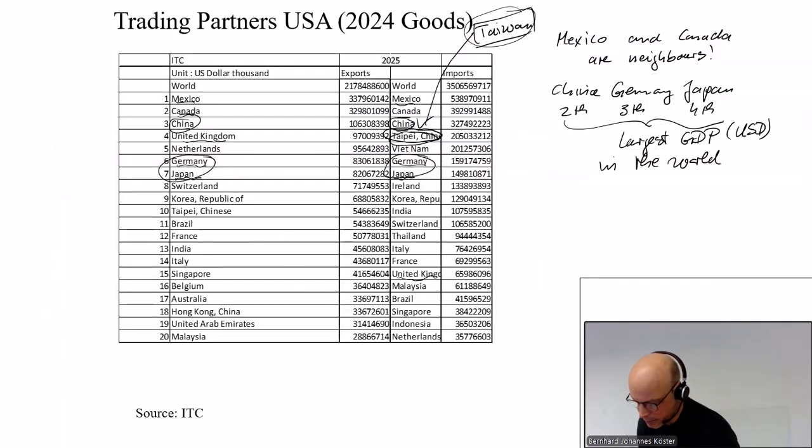But Taiwan exports to the United States roughly 25% more than Germany. What could be the explanation for this? And I would say the explanation is why China has such a large interest to get back Taiwan.